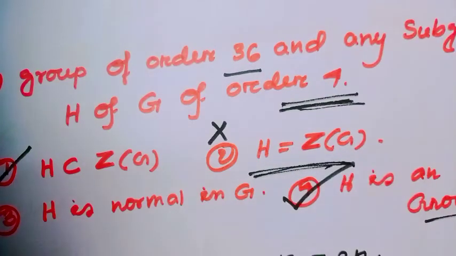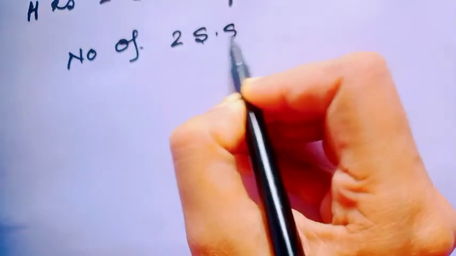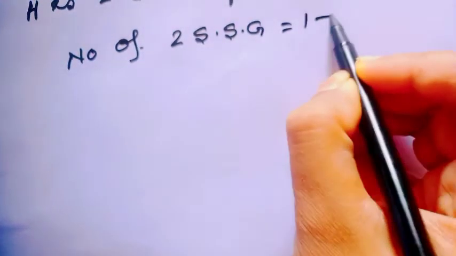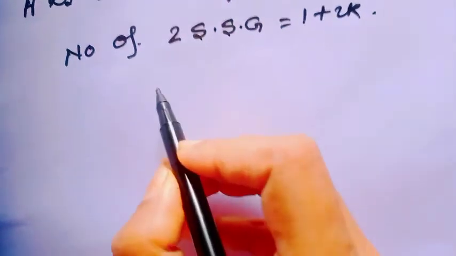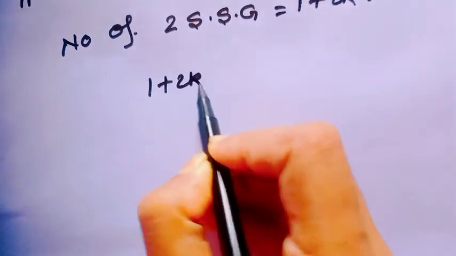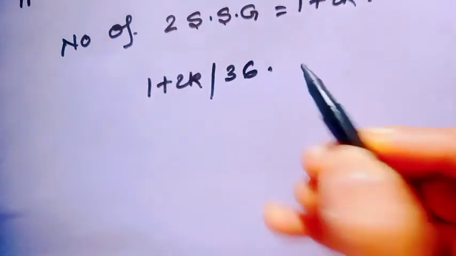Now let's see, is A a normal subgroup? By Sylow's theorem, we all know the number of 2 Sylow subgroups equals 1 plus 2k, and 1 plus 2k should divide 36.